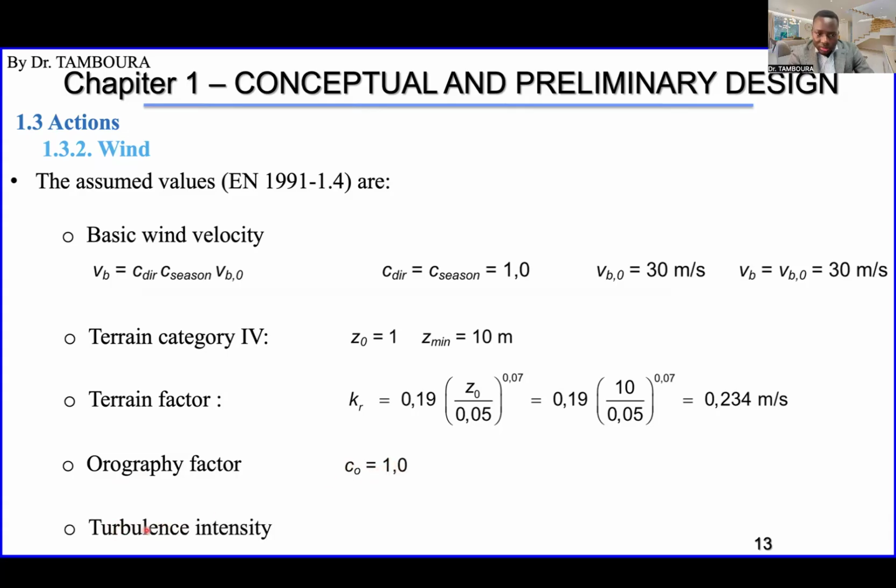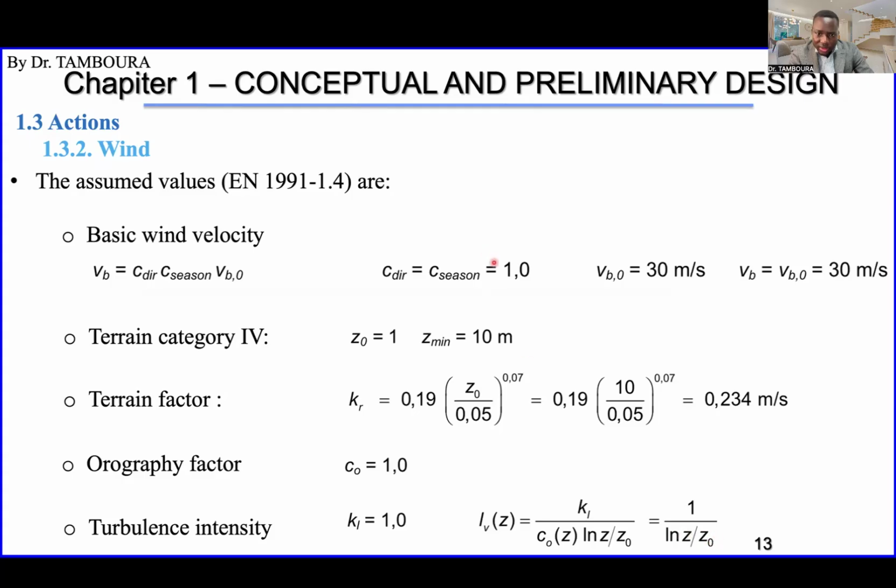Turbulence intensity is given by this equation. KL is 1 in our case. So it will be just 1 divided by ln of Z divided by Z0.